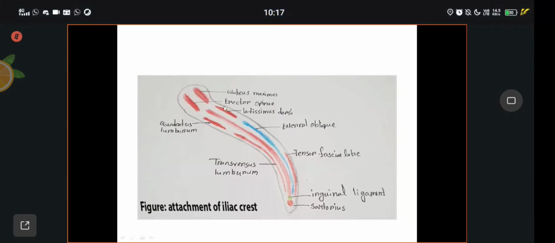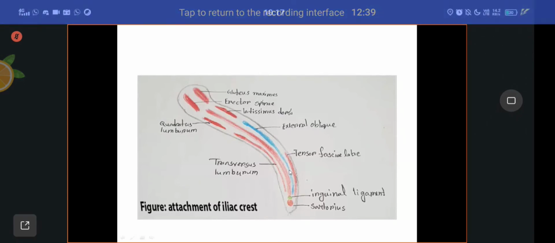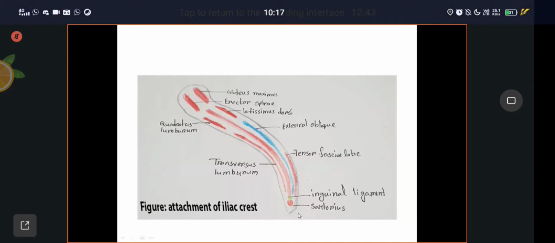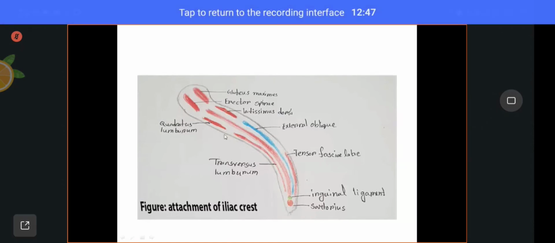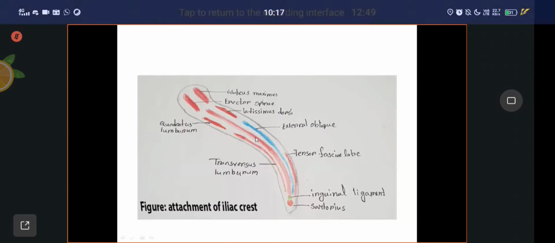Now you see here, it is again divided into an outer lip, an inner lip, and an intermediate zone.